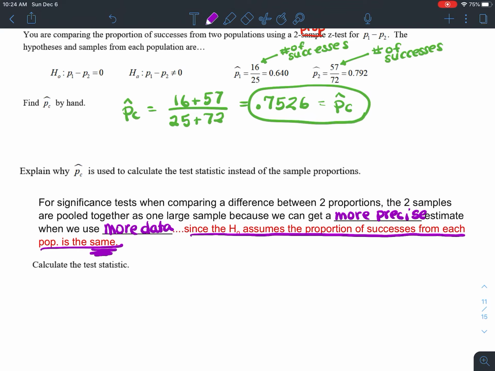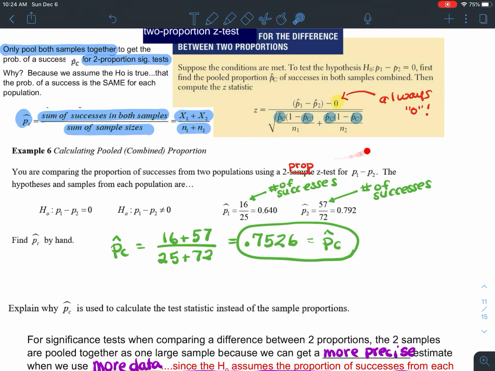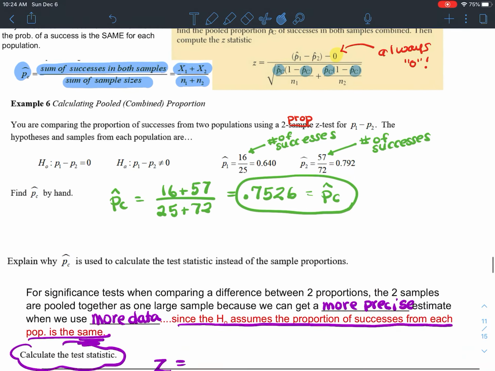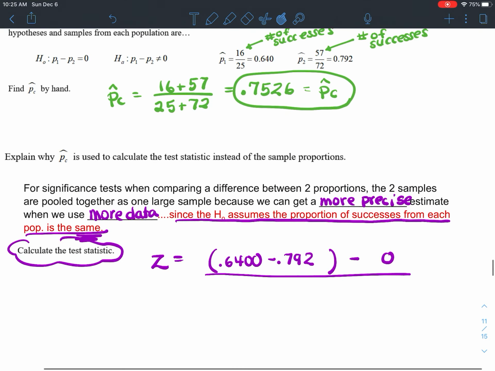Okay, so then it asks us down here for this problem to go ahead and calculate the test statistic. That is the z-score. That would be this formula that you're seeing up here in this yellow box. That's what we're going to calculate, the test statistic. Okay, and so in this spot here, we would be subtracting our 2 sample proportions.